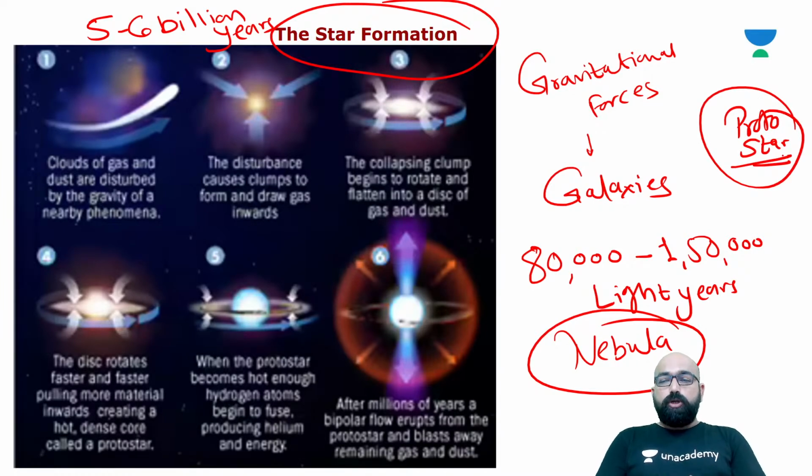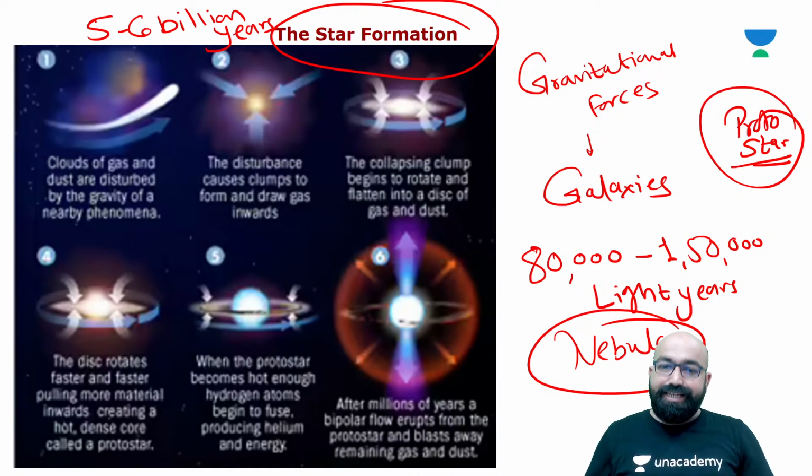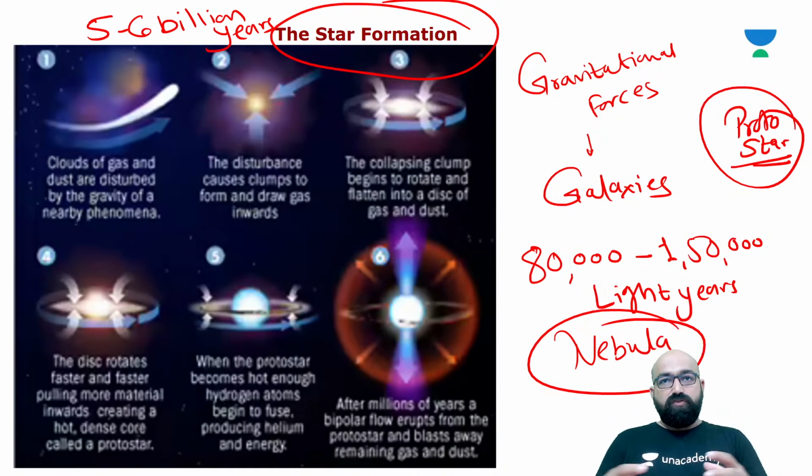Now, when the protostar becomes hot enough, hydrogen atoms begin to fuse, producing helium and energy. After millions of years, a bipolar flow erupts from the protostar and blasts away remaining gas and dust. So this is the formation of stars through the diagram.